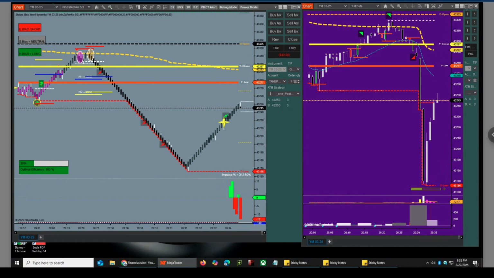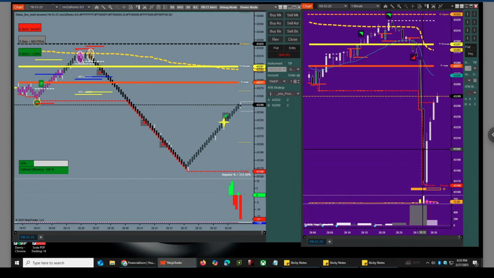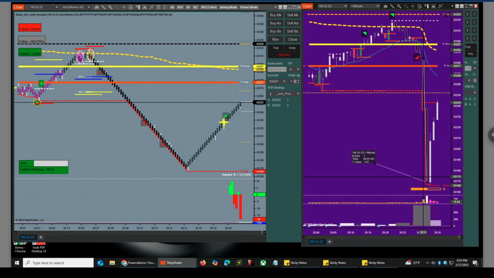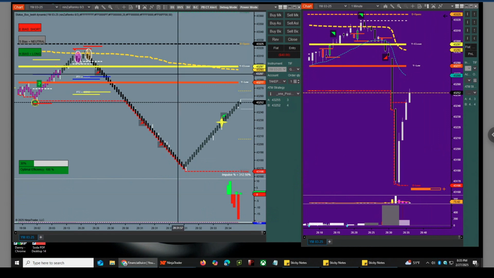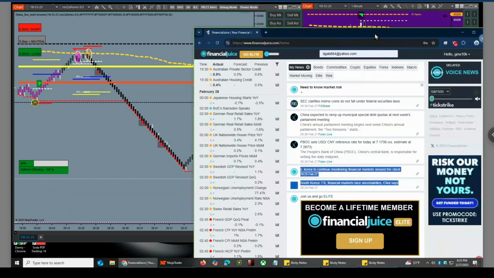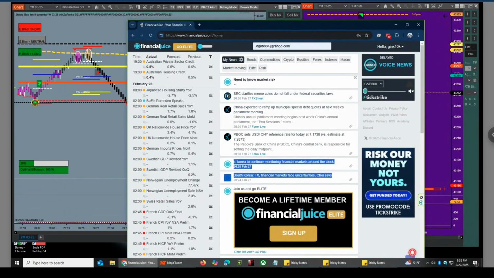It's just obviously the Dow doesn't move at the same speed, so it doesn't move 100, 200 ticks like the Nasdaq, but it did drop 100 and something ticks while the Nasdaq dropped like 400, whatever it was. I don't actually know. China is expected to... Yeah, this is the only thing that I see that could have happened.